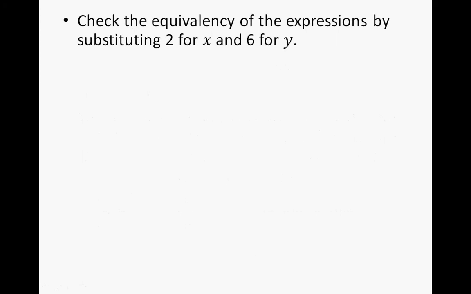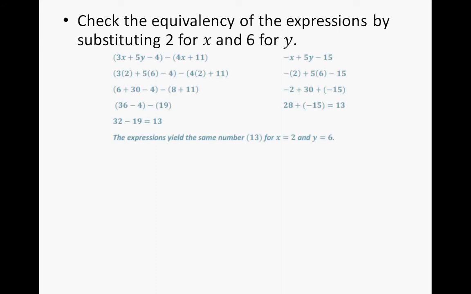So check the equivalency of the expressions by substituting 2 for x and 6 for y. This is what you would have. Substituting in after the first expression is given, and then using our order of operations to simplify, we get 36 minus 4 minus 19, or 32 minus 19 is 13.